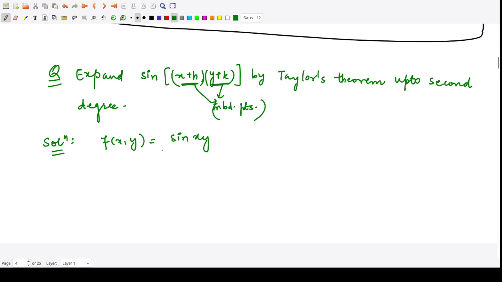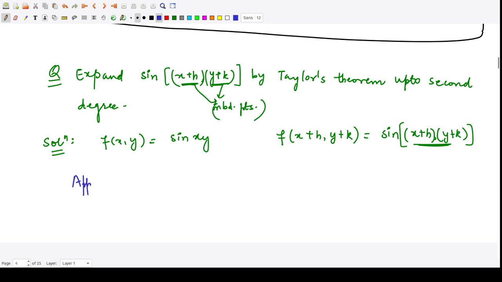So for that we will consider this function f(x, y), that is sin(xy), so that your function f(x + h, y + k) becomes sin((x + h)(y + k)). So this is the angle of the function sine. Okay, so now we can apply this Taylor's theorem.